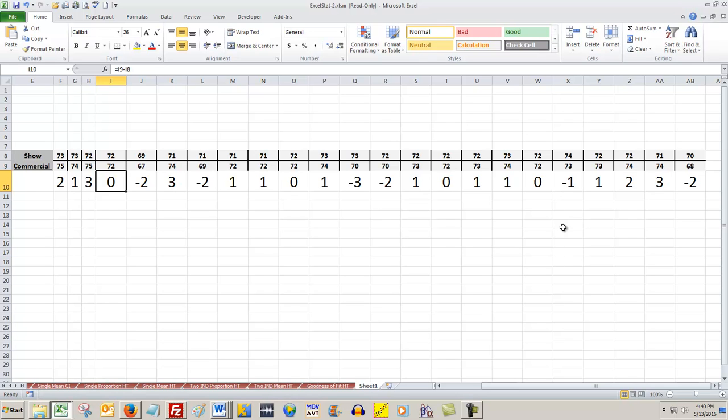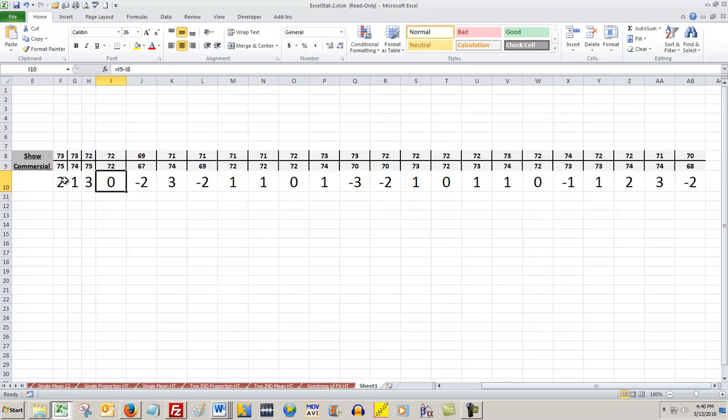I'm not saying that the other kind doesn't exist, where you actually do have 2 separate pieces of data. We're going to look at that next week together. That's when you have a control group and an experimental group, and that's very important in research. But the thing about this is there is really no control group. Well, I guess you can view the show as the control and the commercial as the effect, but this is starting with a baseline and measuring off the baseline. You're actually just looking for the distance away from baseline you went.